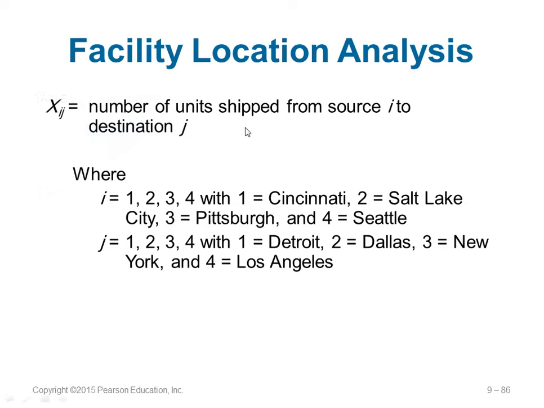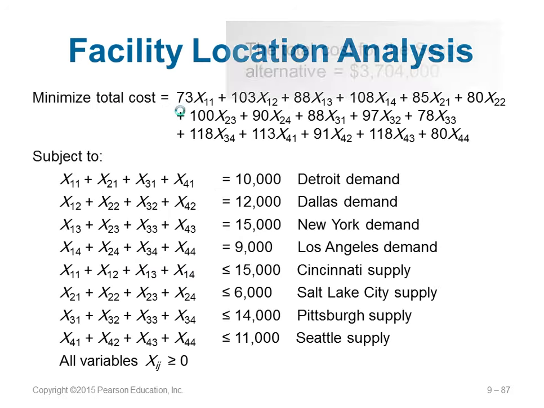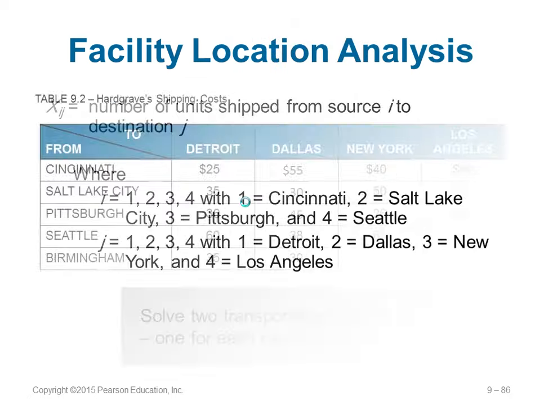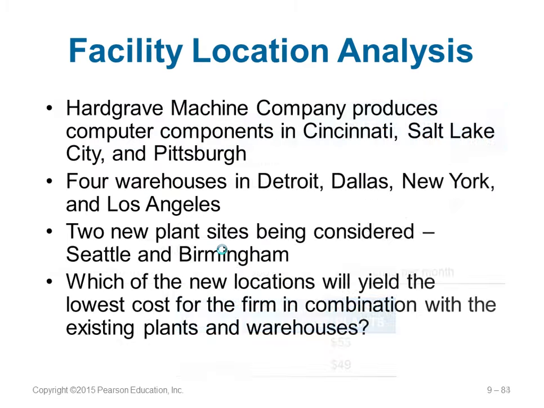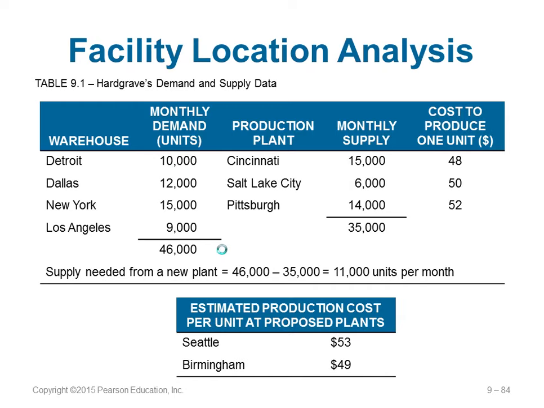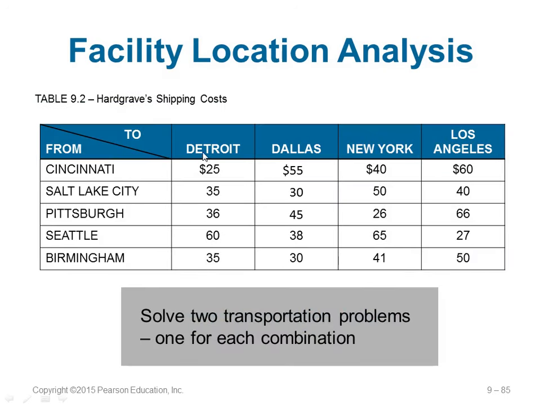So let's solve this problem. The source is i, the destination is j, Xij. From each source to each destination is given here, and we minimize the cost. Take X11. What is X11? In this example, 1 is Cincinnati and the destination is Detroit.